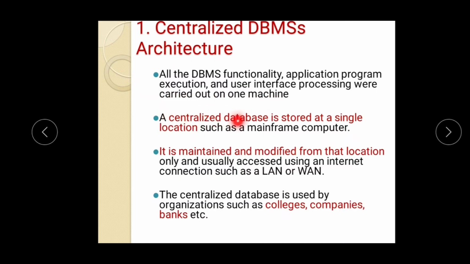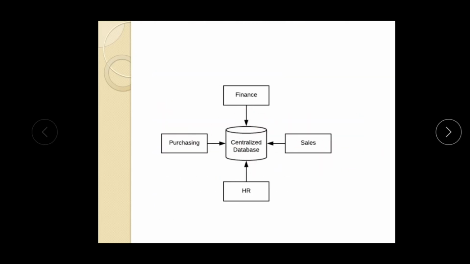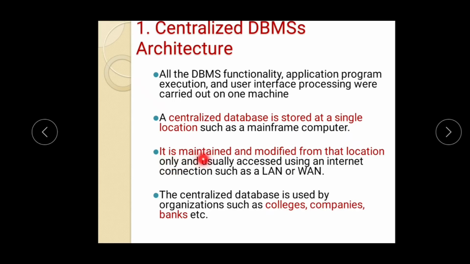A centralized database is stored at a single location, such as a mainframe computer. It is maintained and modified from that location only, and usually accessed using a network connection such as LAN or WAN.